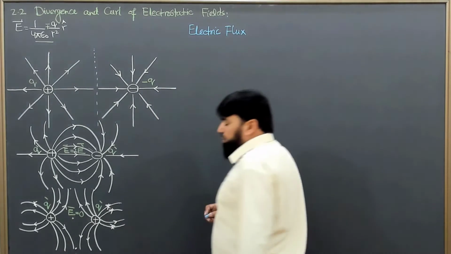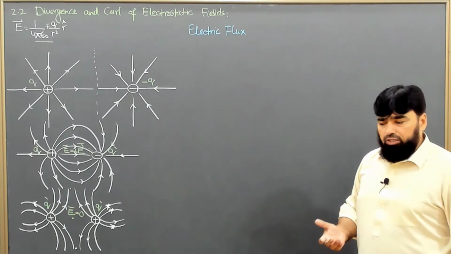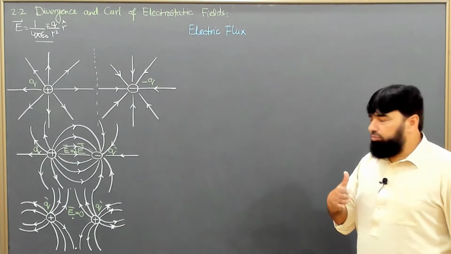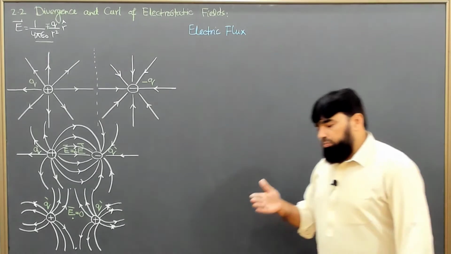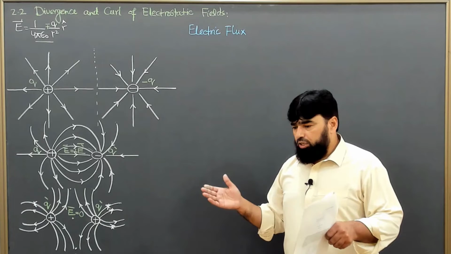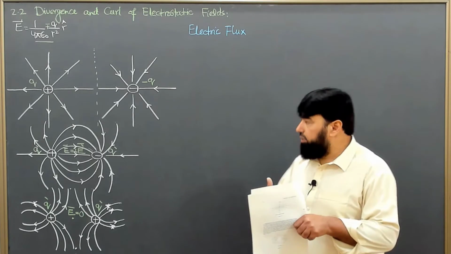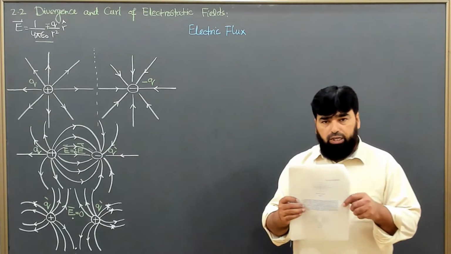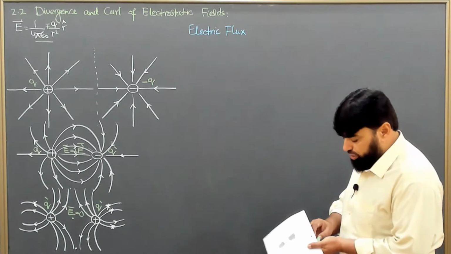Now we know about flux. It may be electric flux, magnetic flux, air flux, light flux, or water flux. So any physical quantity or any amount of flowing thing passing to some area, and that area is supposed to be cross-sectional to this one.